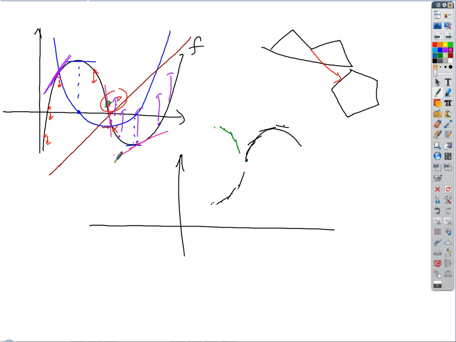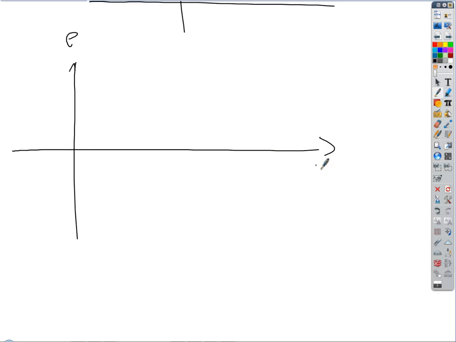Like in business, say this is your profit curve. We're graphing profits versus dollars spent on advertising or something, who knows.